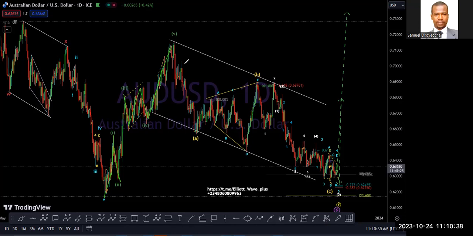And we know that wave 2 can even go as low as 99.9% of wave 1. As long as it doesn't go below wave 1, it's still valid. So now we have a very prolonged and big correction.